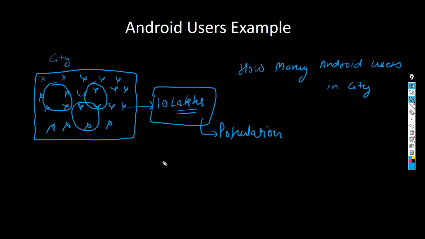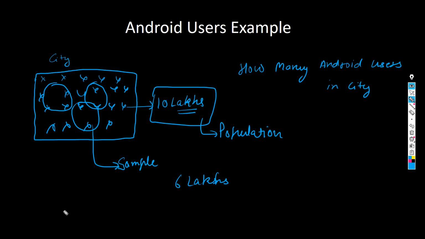This small portion is known as a sample. Suppose out of 10 lakhs we take 6 lakhs of people as a sample to check whether they have Android phones or not. At least we can ask 6 lakhs of people instead of 10 lakhs. So this will be my sample.